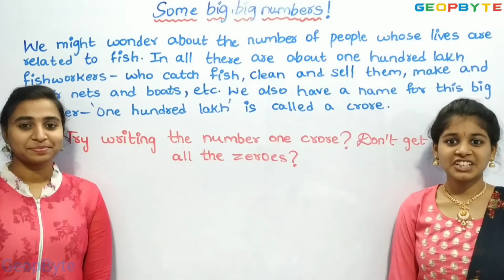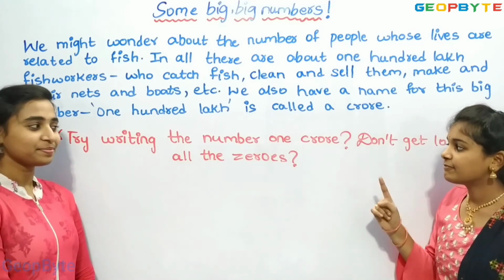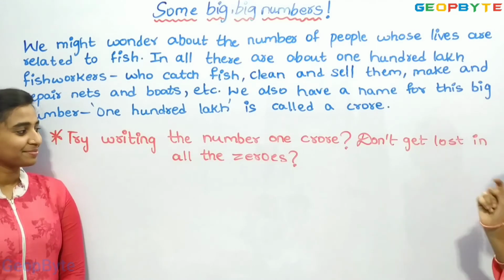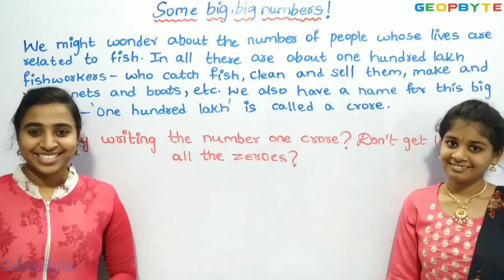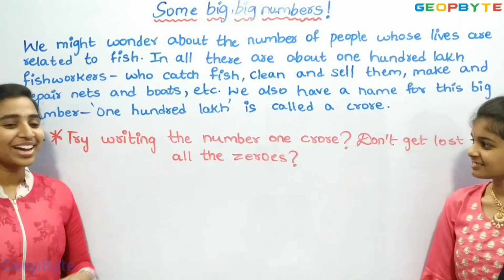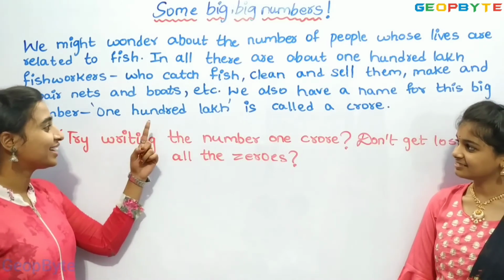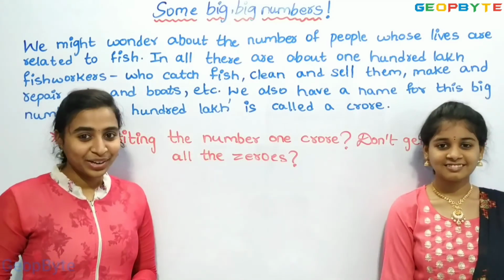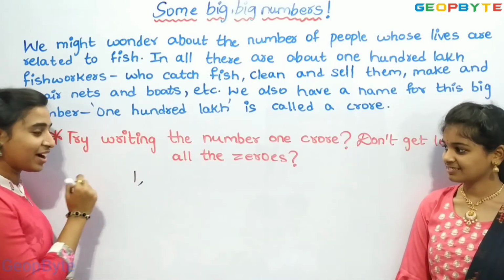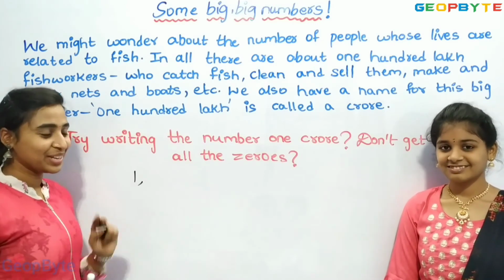The next question is, try writing the number 1 crore. Don't get lost in all the zeros. Yes, children, let us try writing the number 1 crore. As you know, 100 lakh is called a crore. See children, 1, 100. 100 will have 2 zeros.